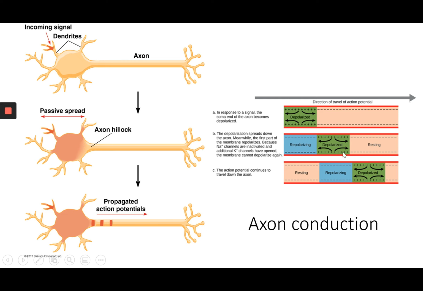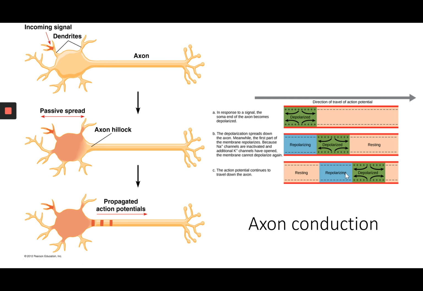Instead, it will move away from the axon hillock. This is because a depolarized segment will then repolarize, and the nearby adjacent segment that is depolarizing will be unable to move towards the axon hillock because of the repolarizing segment. So we'll have segments that depolarize, repolarize, and then reset to resting, and this will prevent the signal from moving backwards and only moving forwards.